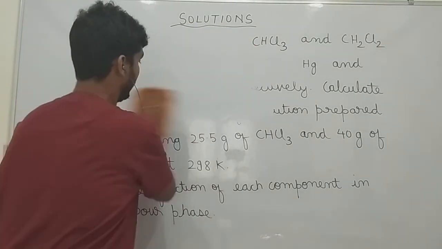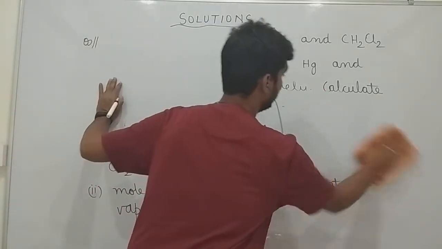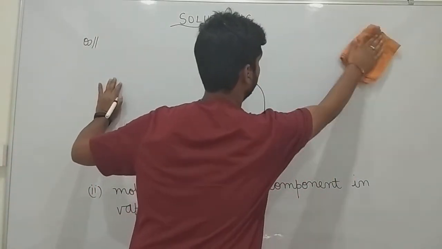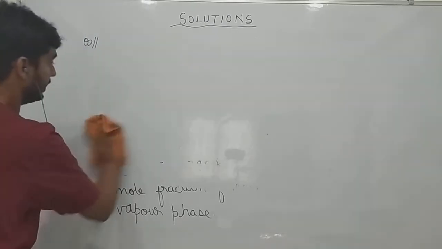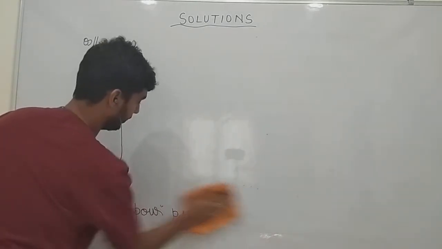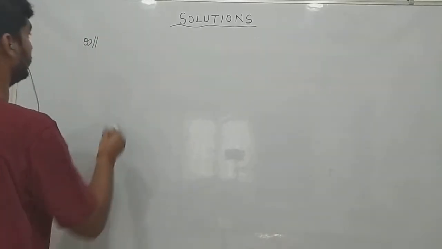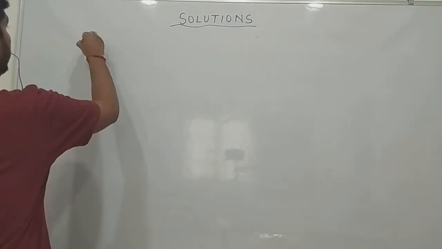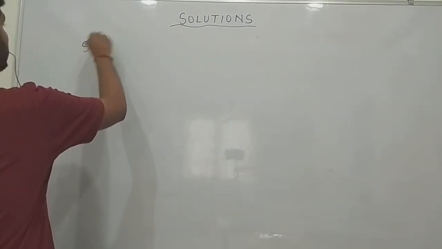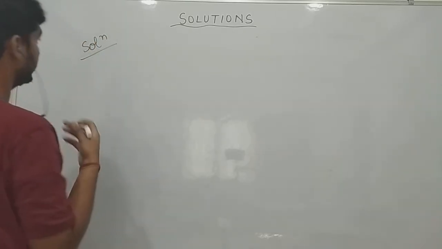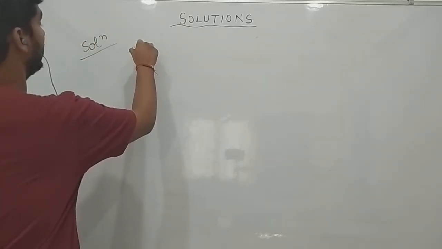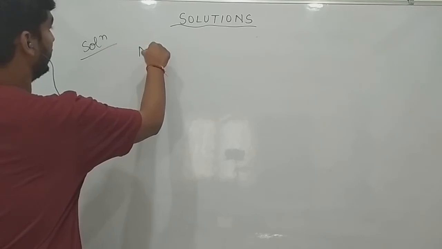Now let us solve the first bit, that is total vapor pressure of the solution. First we have to calculate the number of moles of each of the components present in the solution. So we have to calculate molecular mass.